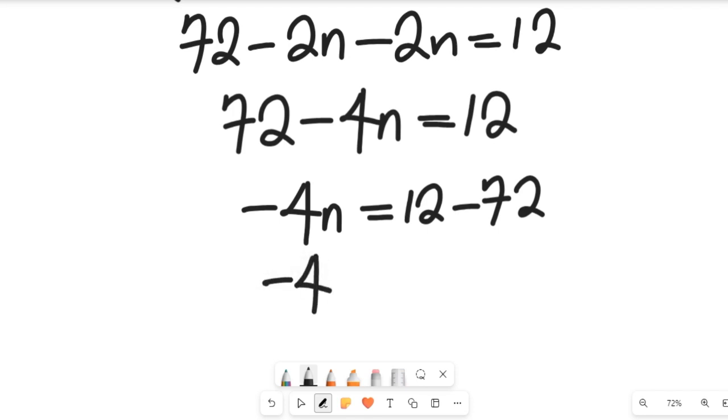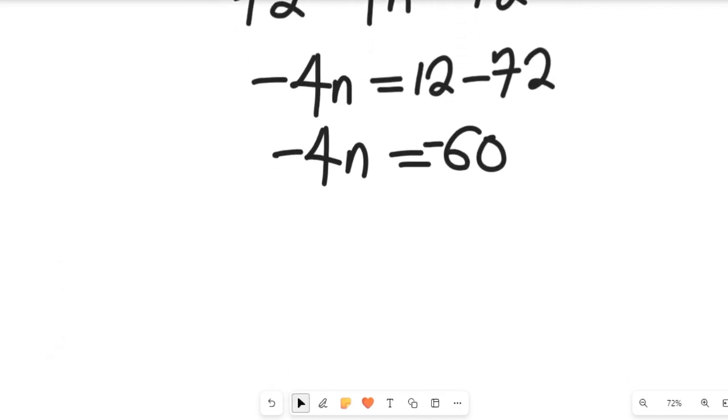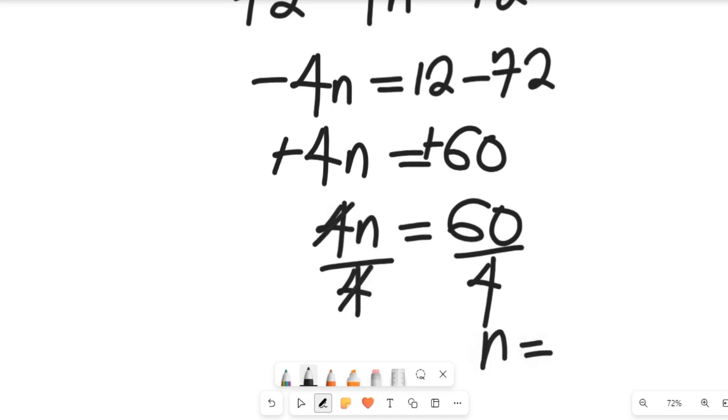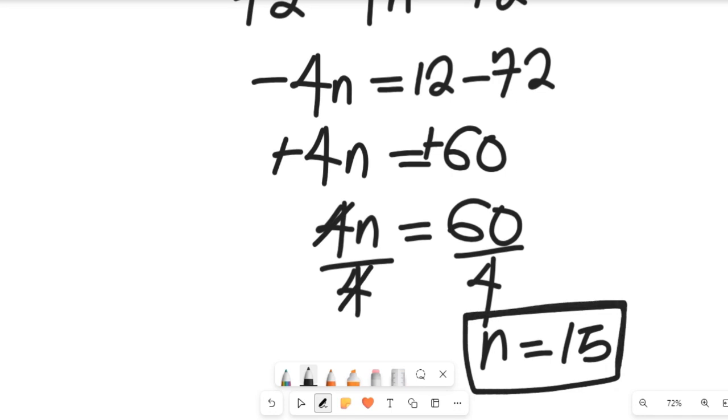So negative 4n is equal to negative 60. If negative clears negative, our 4n will be equal to 60. Then if you divide both sides by 4, your n finally will be equal to 60 divided by 4, which is 15. So the value of n is equal to 15.